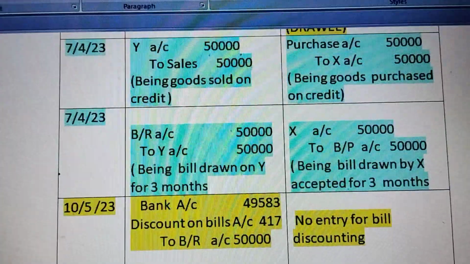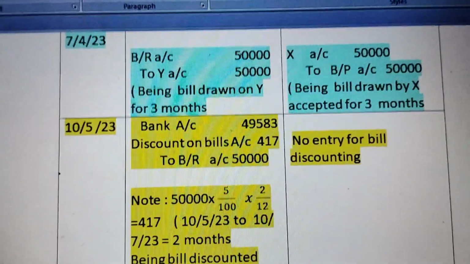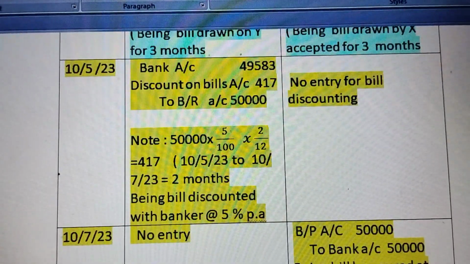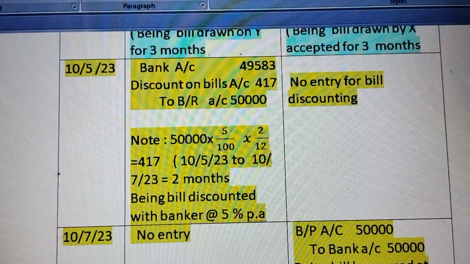Then on 10/5/23, the bill has been discounted. When the bill is discounted, the drawer will make the entry as he has to surrender the bill to the bank. The bank will make payment against the bill, and he has to cancel the bill. So the drawer passes the entry as follows: bank account debit, discount on bills account debit, to bills receivable.